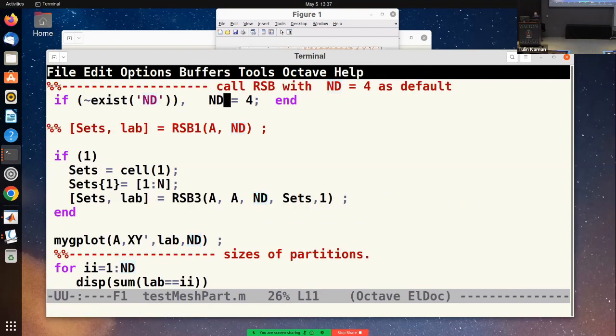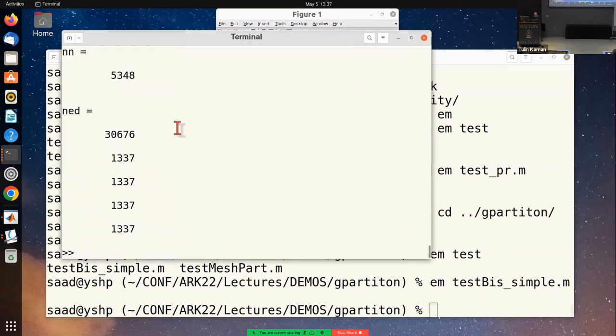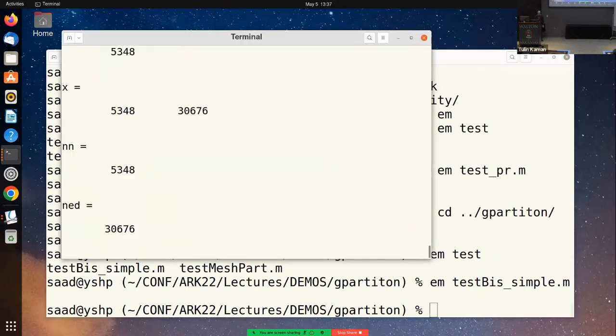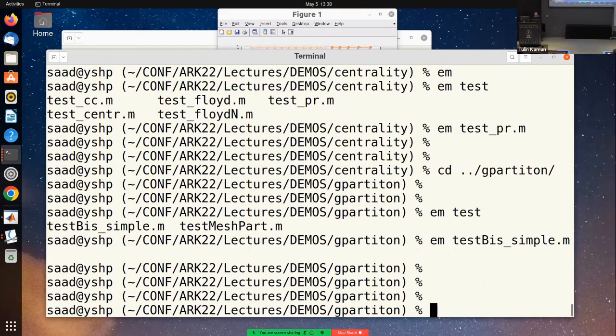It's 4. So let's see, I could have just set it there. 6, okay, let's try it. I'm going to do it for 6 domains. It didn't seem to do much. Oh, it has, because it's there. And ND is equal to 6.